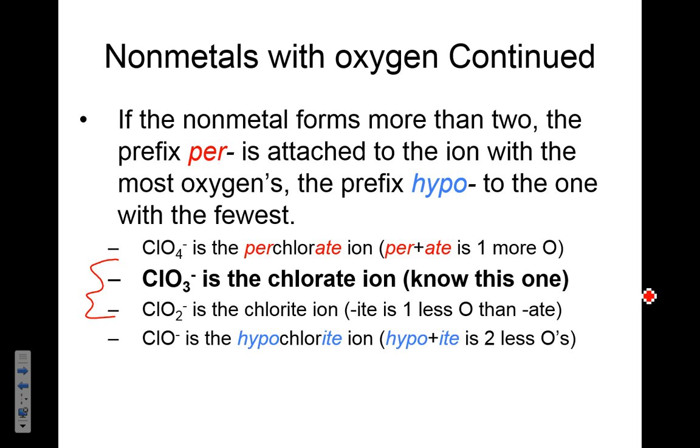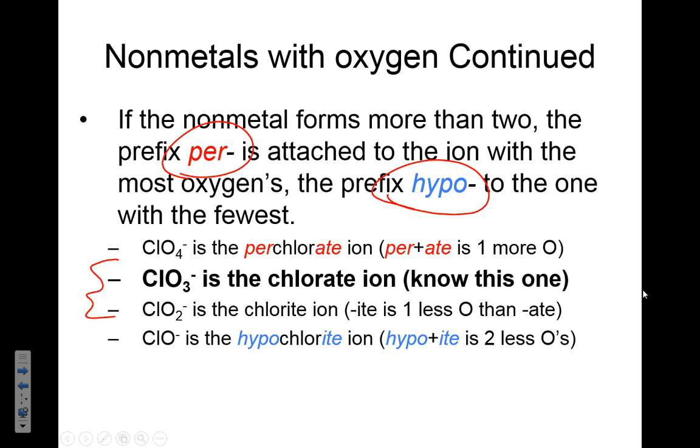So if I know chlorate is ClO3-, then I know chlorite has to be ClO2-. Now, for the 1 more oxygen than the ate and the 1 less oxygen than the ite, we use the per and the hypo along with the other name. So when we have ClO4-, instead of chlorate, it's perchlorate. And that per plus ate means 1 more O than the ate.